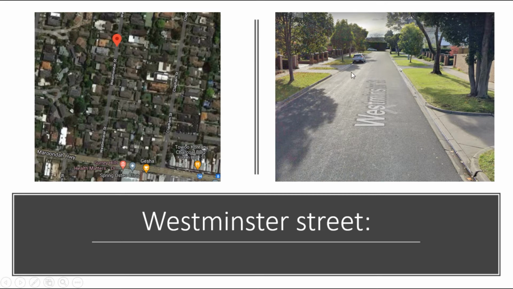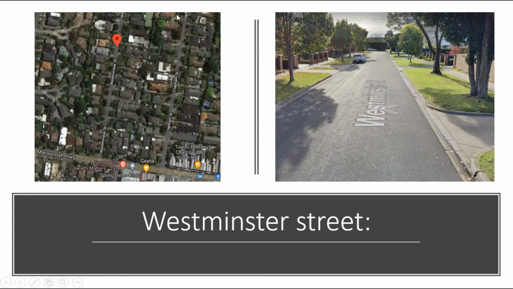Now as you can see on the screen here, the road width from lip to lip is less than 6 meter. The verge from back of curb to footpath is about 4 meter and 1.5 meter footpath each side.